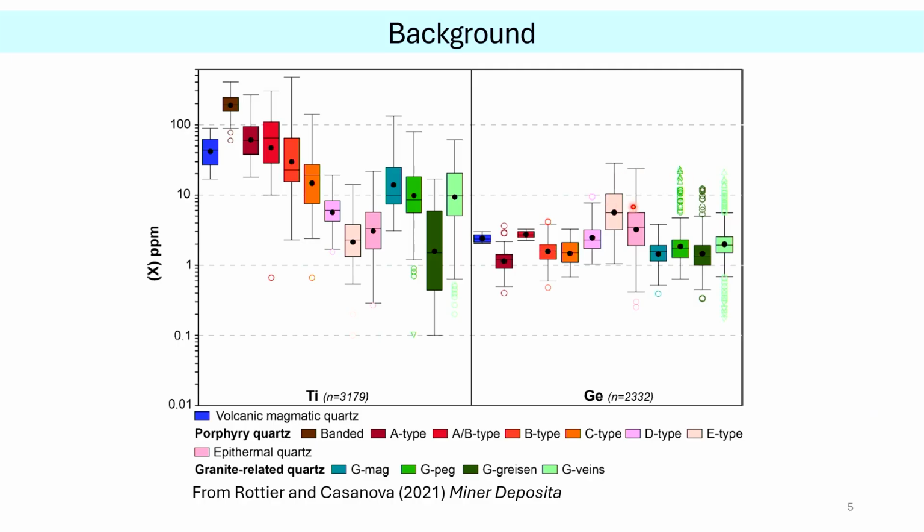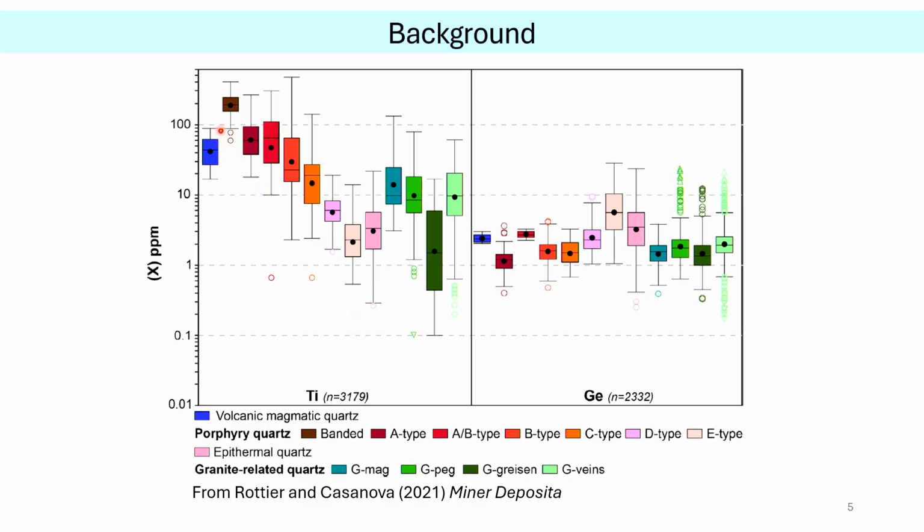This is from Rusk and Casanova. What they did is they compiled a lot of data from different quartz trace element studies that was available to them at the time. I won't go over all their elements, but just focus on titanium. They have volcanic magmatic quartz, so quartz from the host rocks of these systems. And then they looked at different veins from porphyry copper deposits, different vein types that progress during the evolution of the porphyry systems.